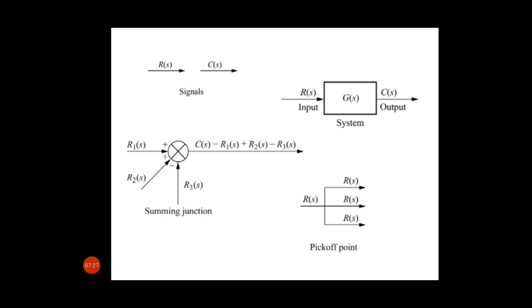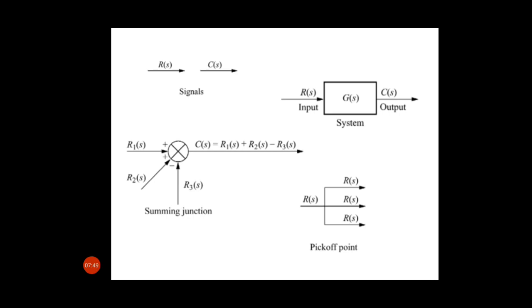If you have signal R here, and the gain of the block is equivalent to G, then the output will be C(s) equal to R(s) into G(s).